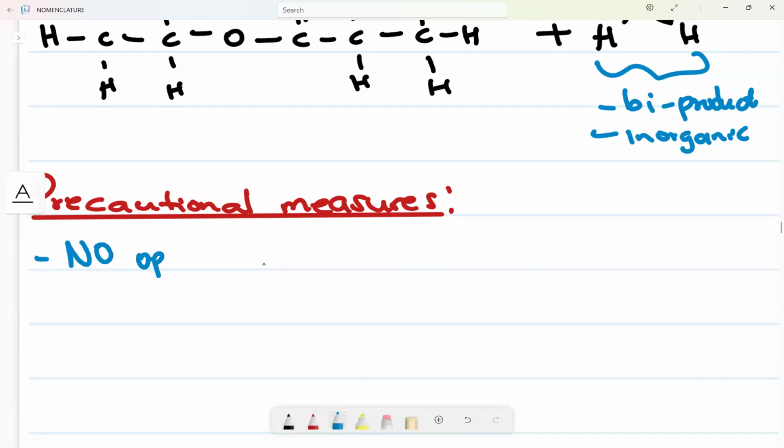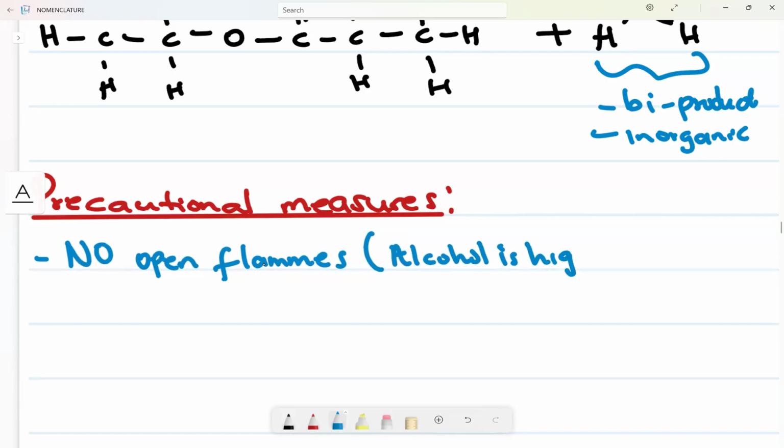No open flames. Why don't we want open flames? I don't know if flames is written like that. Why? Because alcohol is highly flammable.